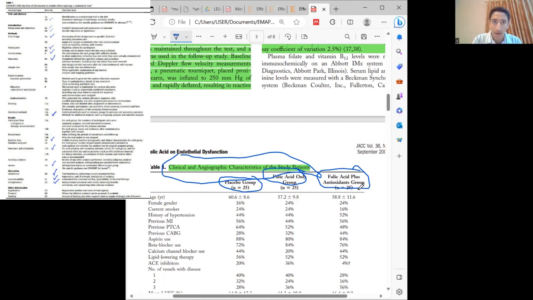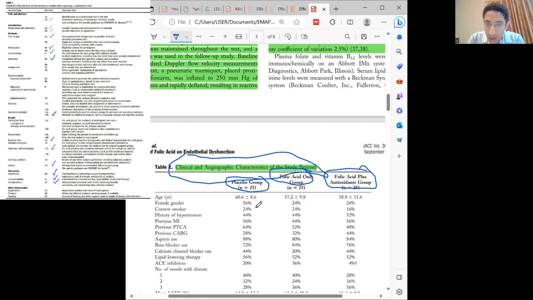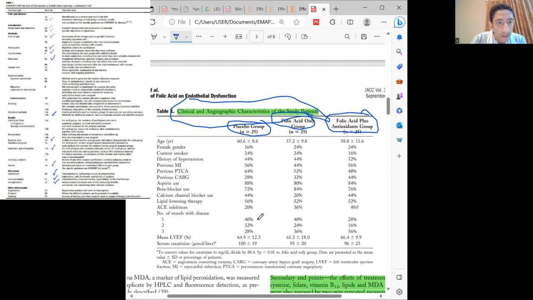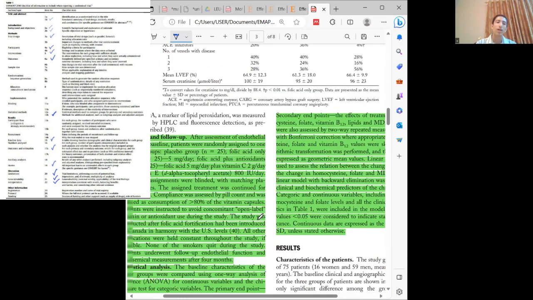Results, number 15 done, and then we can find this one.